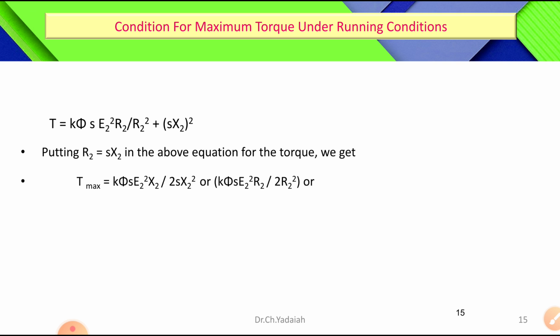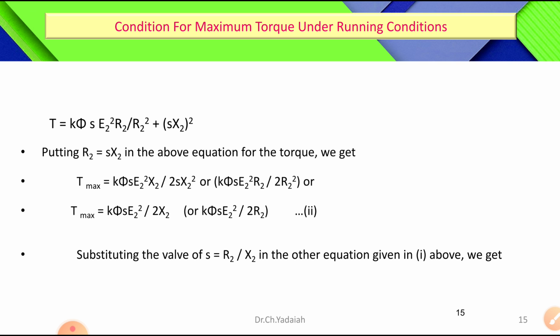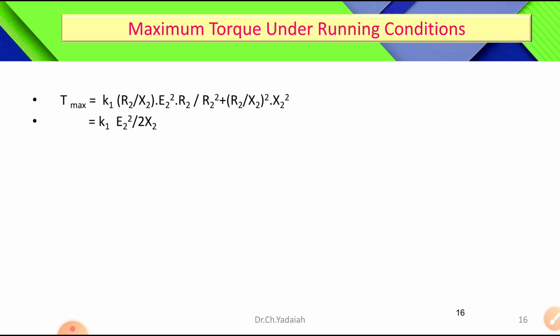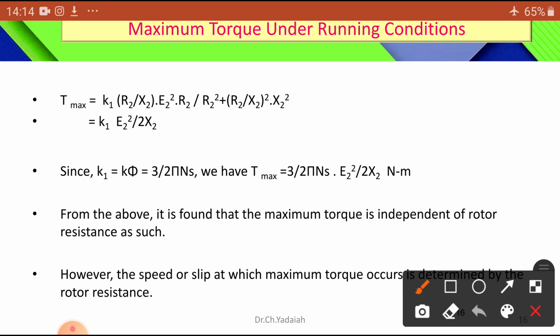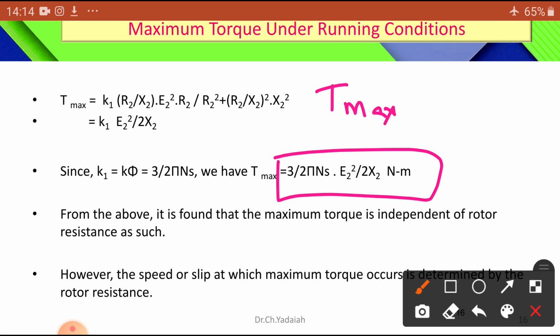We derived this. Substitute this value, so I am going to get the final equation, with some proportional constant. From the above, it is found that the maximum torque is independent of the rotor resistance as such. So, what is the T max? T max in terms of x2 we are writing.